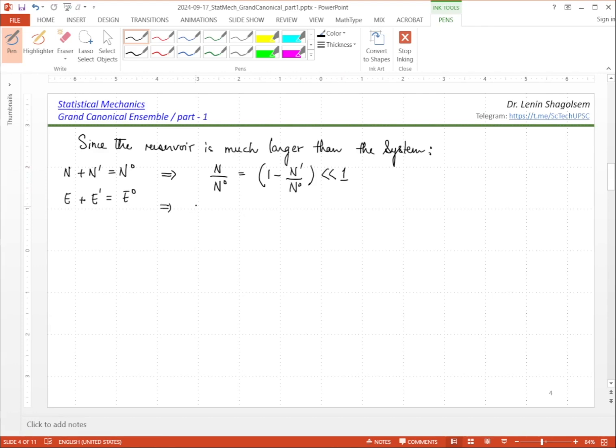Also, similarly for the energy, we can write E by E naught to be 1 minus E dash by E naught, which is much less than 1.